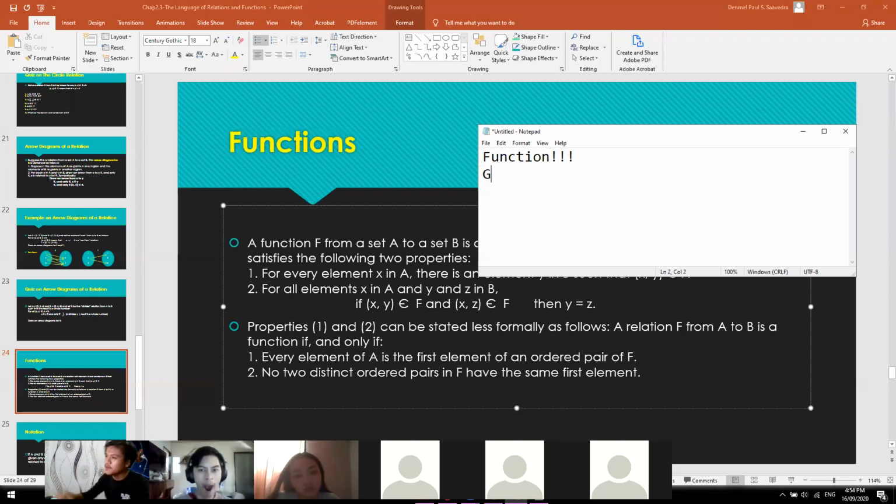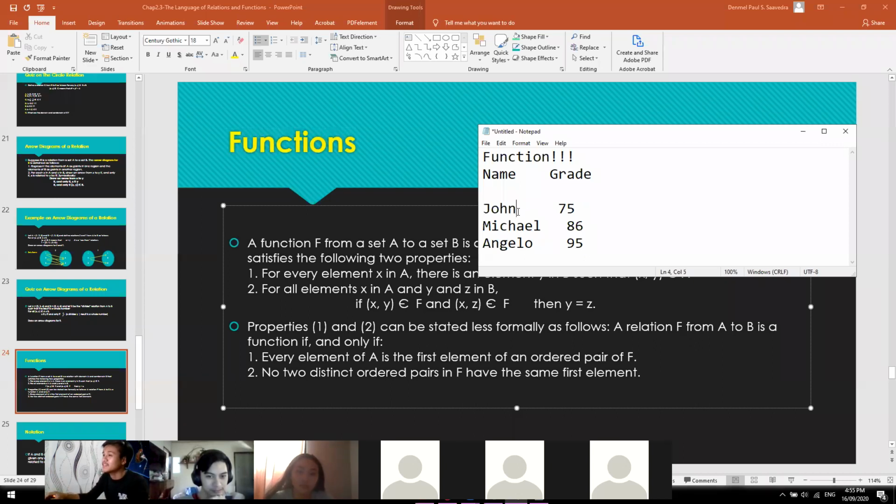Meron akong name of a student, and then meron akong grade ng estudyante. Let's say we have John, Michael, Angelo. Si John, meron siyang grade ng 75. Si Michael, meron siyang grade ng 86. Si Angelo, meron siyang grade ng 95. Oh, patalino ng patalino. Okay?